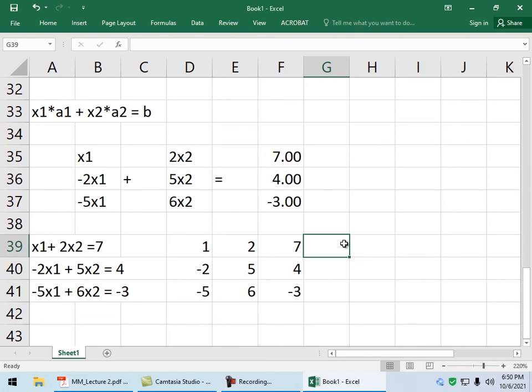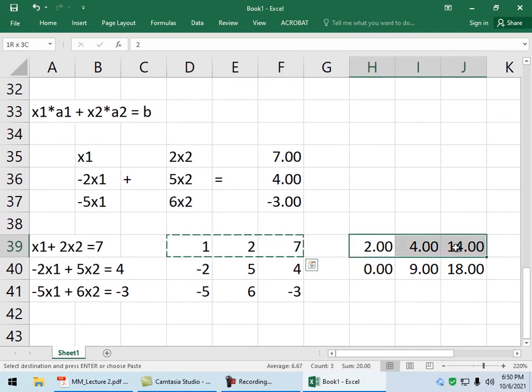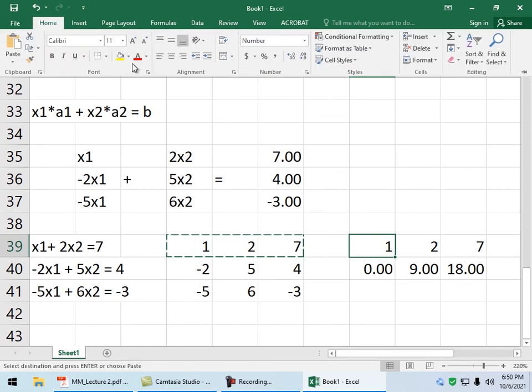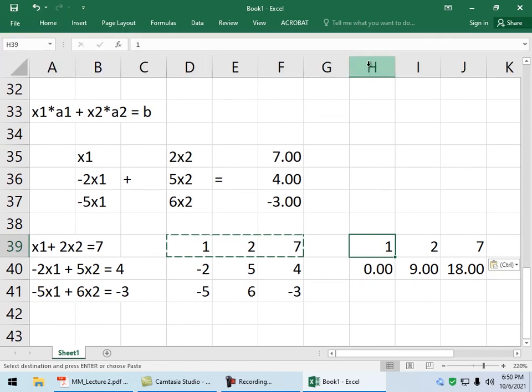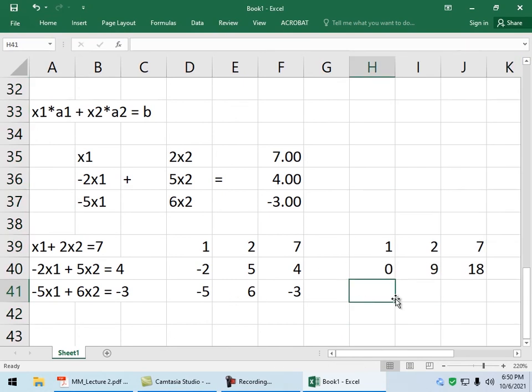So our first operation will be multiplication by 2: 2, 4, and 14, and we add this, and we get 0, 9, and 18, and then we return our initial values. Then we multiply by 5, and here will be 0, 16, and 32.